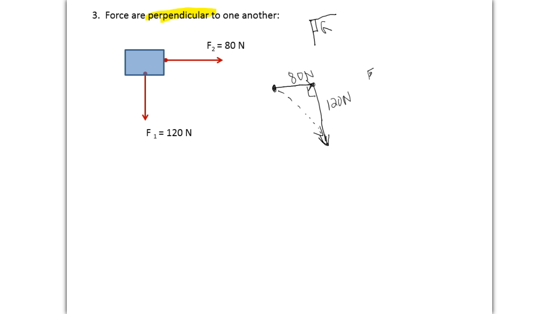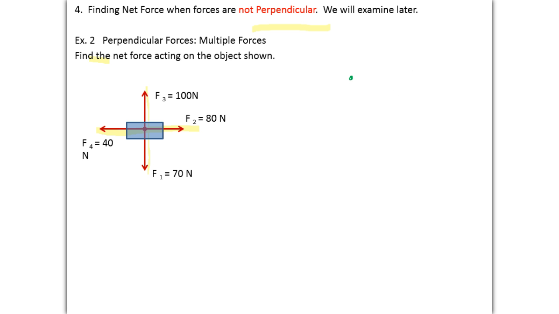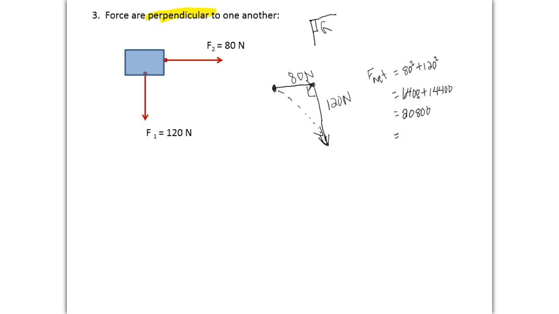So your force net in this case will be 80 squared plus 120 squared. Give me a moment, I'll grab my calculator. Alright, so we have 6,400 plus 14,400, 20,800, and when you're doing Pythagoras theorem, remember you have to take the square root.